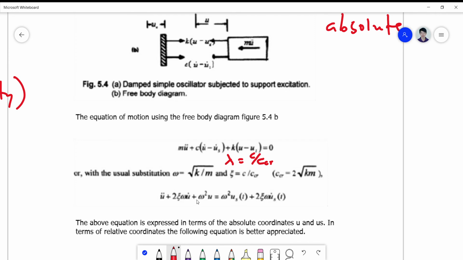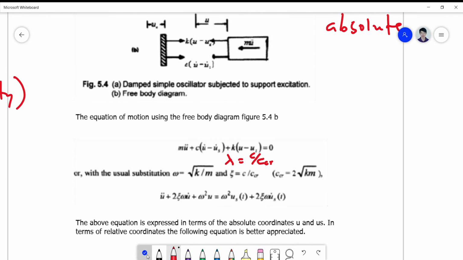Plus omega squared u is equal to omega squared us, a function of time, plus 2 xi omega us dot, a function of time t. So this is now your transformed equation coming from the basic DEM.